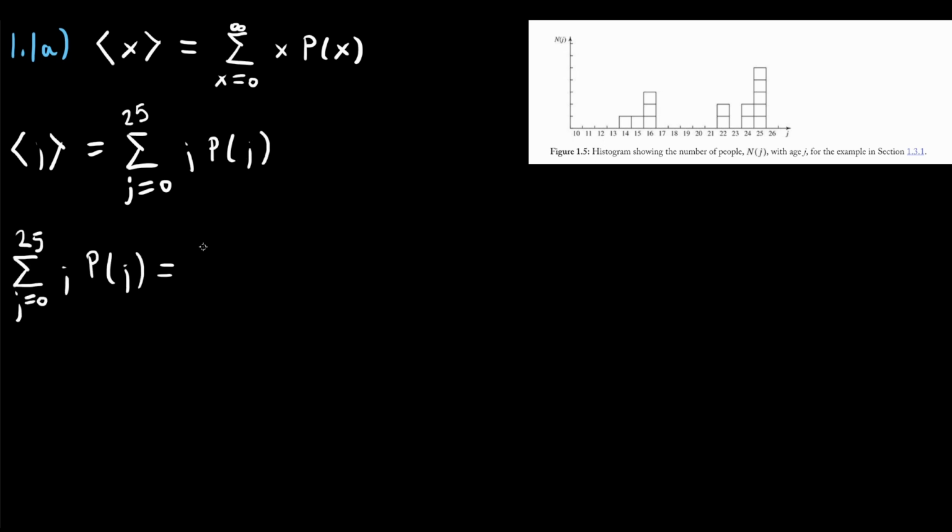Now we can write the full summation out. So we'll do j equals 14, and the probability of getting 14 is 1 over 14 since there are 14 total samples. And then we'll do the same thing for the rest.